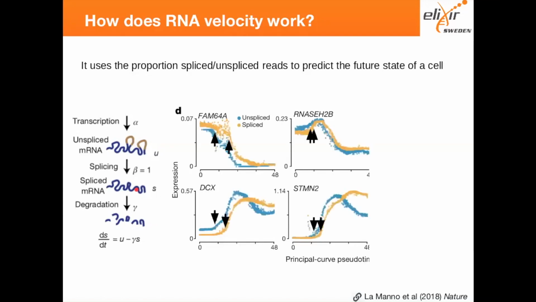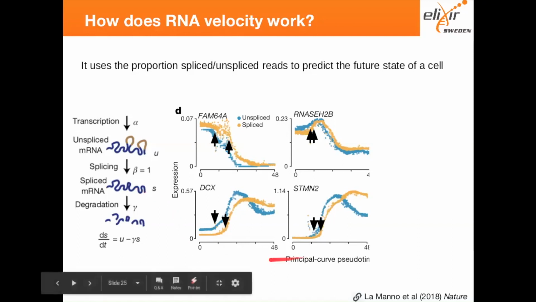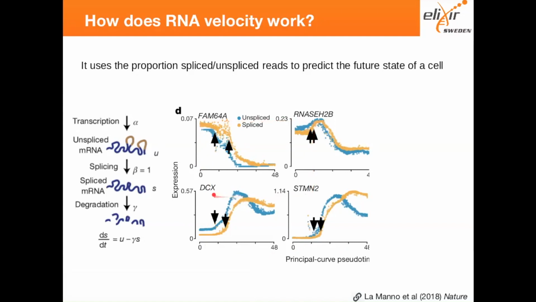But how does this look in a biological system? So imagine that you have a pseudotime development here, and here you have expression of some genes. They have done many genes in the paper, but here is just an example. So the unspliced variant, for example, here is decreasing before the spliced version is decreasing at the same rate. The same thing goes for here.